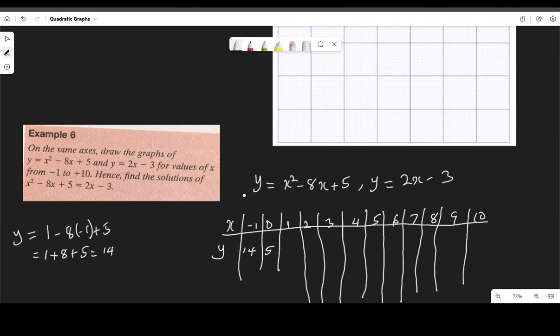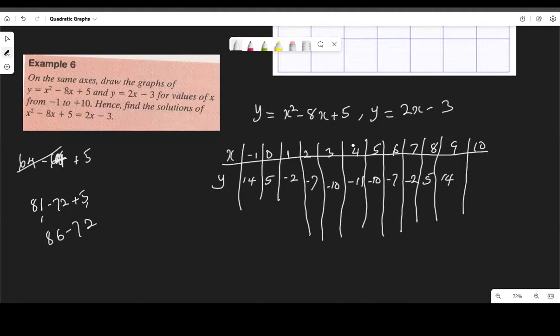When x is 1, we'll have 1 minus 8 plus 5, which is minus 8 plus 6, which is minus 2. When x is 2, that is 2 squared is 4, minus 8 times 2, so 4 minus 16 plus 5. 4 plus 5 is 9, 9 minus 16, that is minus 7. Finally, when x is 10, 10 squared is 100, minus 8 times 10 is 80, plus 5, which will be 25.